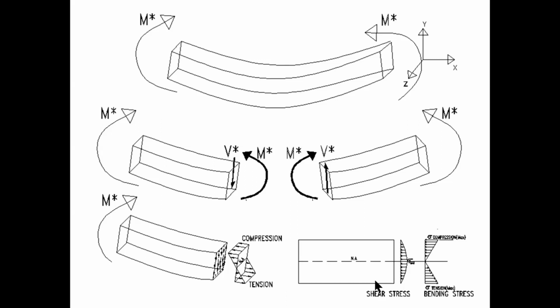The normal stress will act linearly, eventually creating a neutral surface that remains unchanged throughout the length of the beam, and this is because one side is in compression and the other is in tension. This neutral surface passes through the geometrical centroid of the cross-section, and it is referred to as the neutral axis. So bending stresses at the neutral axis would be zero, while shear stresses would be maximum.